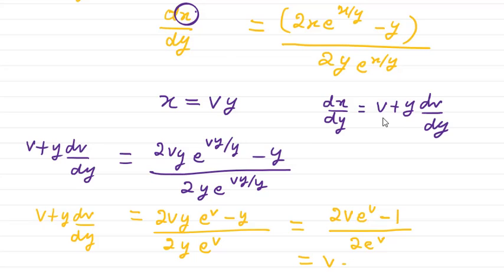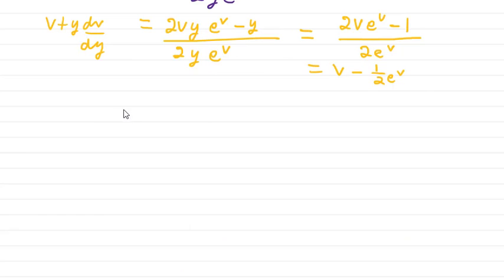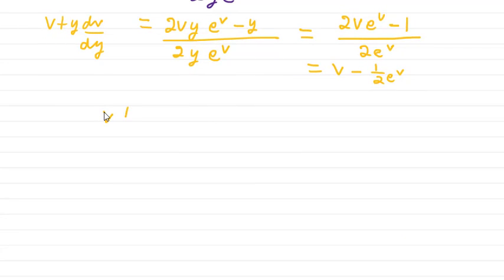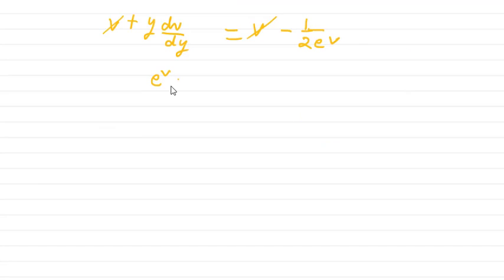So on the left side we have y dv/dy equals v − 1/(2e^v) − v. Now we can cancel out this v with this v, and separate all the y and v terms together. So we will get e^v dv = −(1/2) dy/y, and now we can integrate this one.